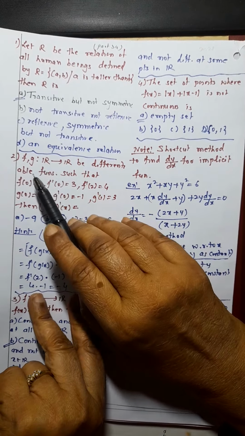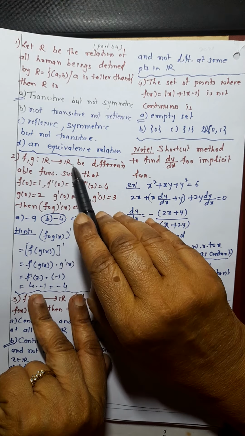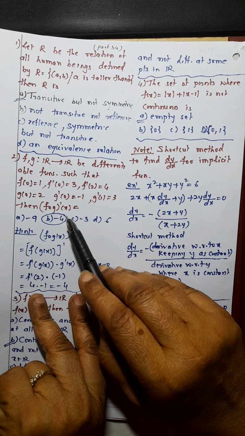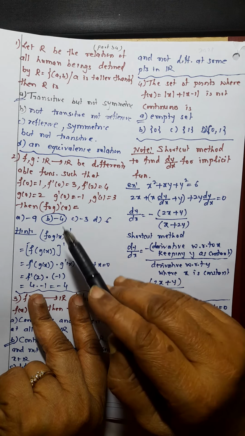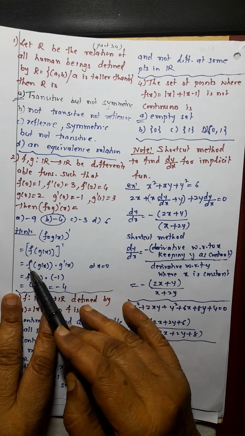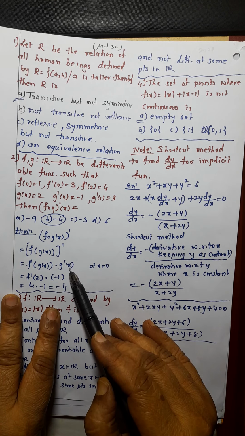This is from a paper. F and G are differentiable functions from R to R. These values are given. We have to find (f composition g) dash of x at this point. It is f composition g, f of g(x). So the derivative will be, it is a composite function, f dash g(x) into g dash x.